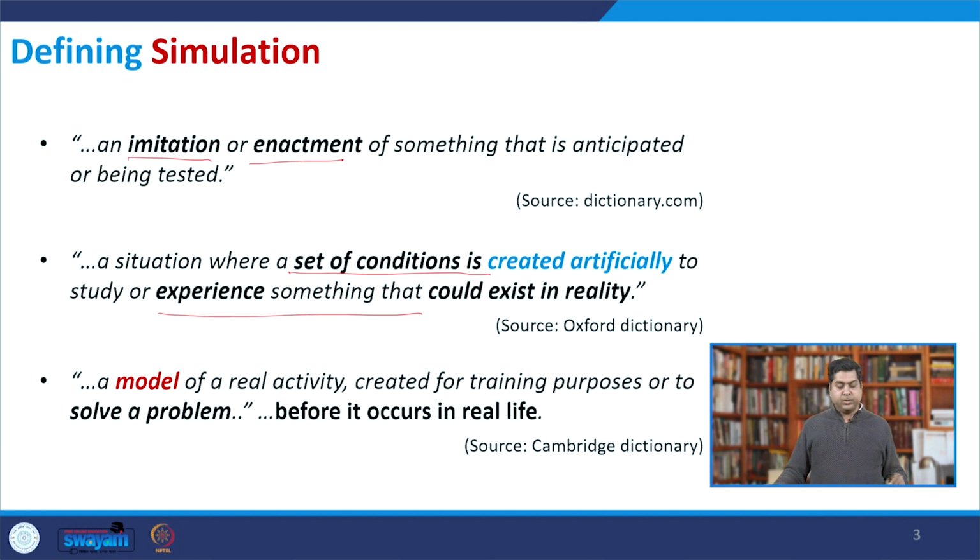We create a situation where a set of conditions is created artificially. It may be a given built environment, or based on data we may do a simulation for a traffic network, or it can be a flood simulation, as I already mentioned.